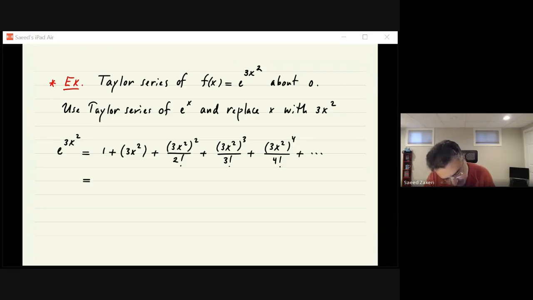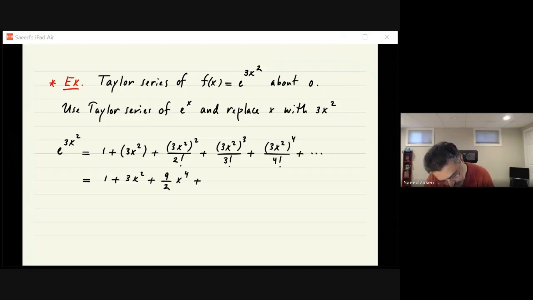If you want to get the first few terms: 1 plus 3x squared plus 9 over 2 x to the fourth, because here I have 3 squared, which is 9, divided by 2, and then 3 cubed, which is 27, divided by 6, which is 9 over 2 again, right?